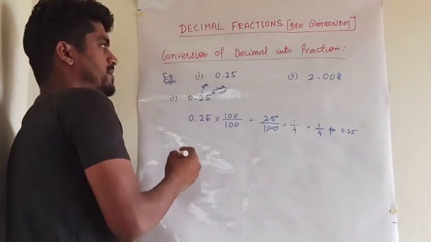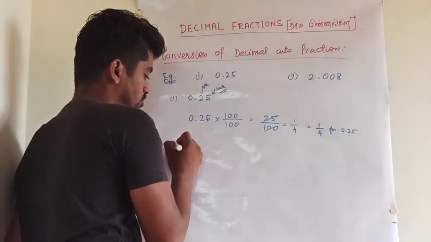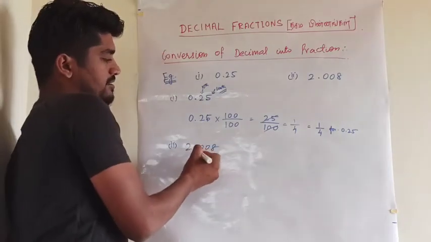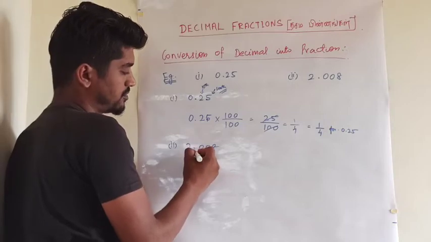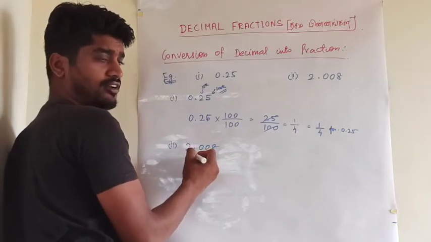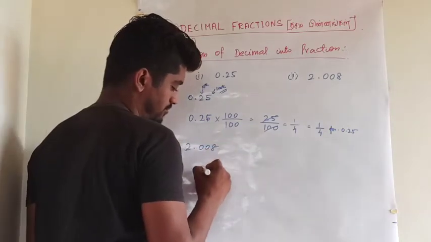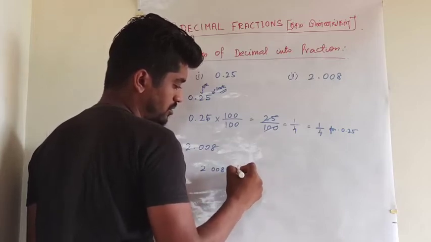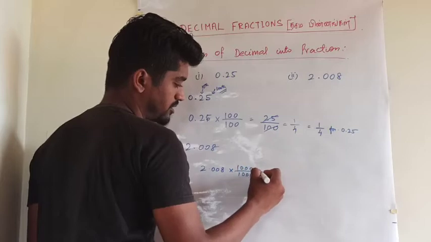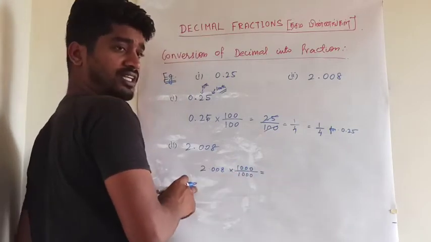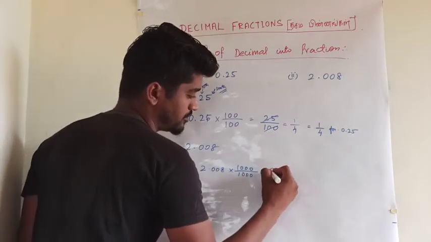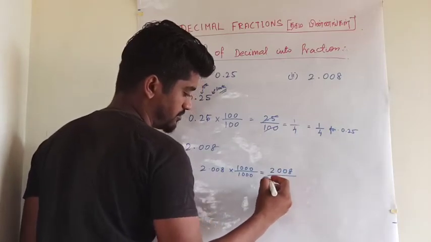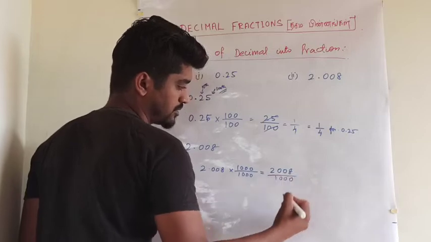And the next example is 2.008. Here there are 3 digits after the point. We multiply by 1000 and divide by 1000. So we multiply this value, and the value becomes 2008 divided by 1000.